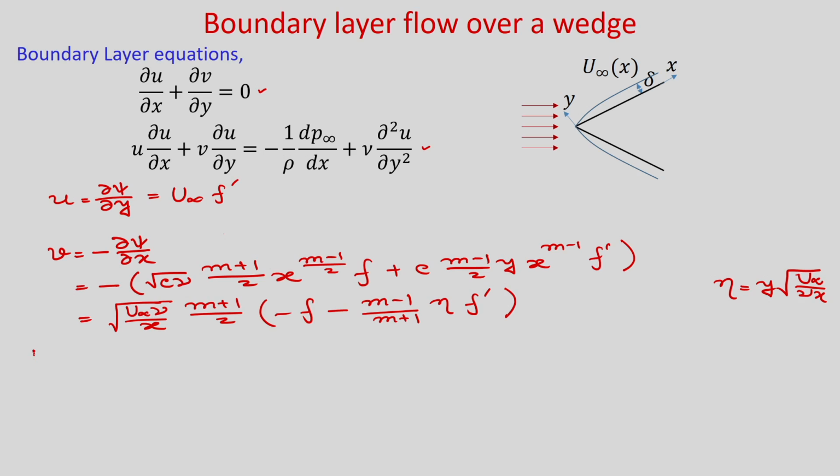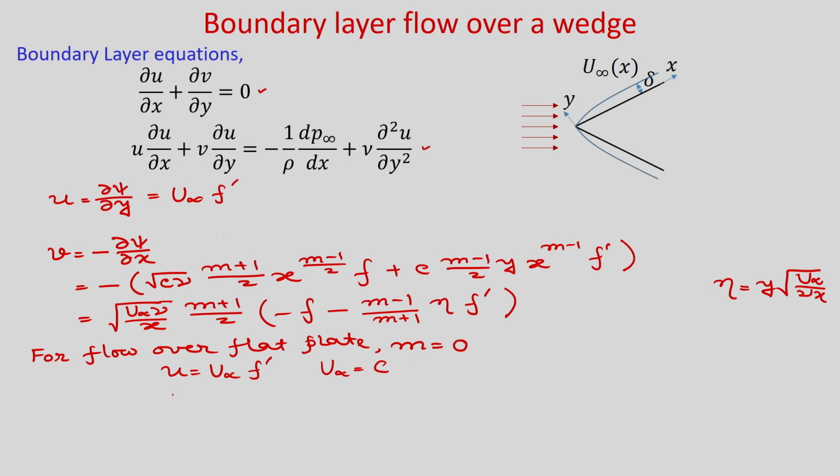So, for flow over flat plate, let us see the expression of this u and v. M is equal to 0. Okay. So, you can see from here anyway you will get u is equal to u infinity f prime, where u infinity will become c, because c x to the power m, m is 0.